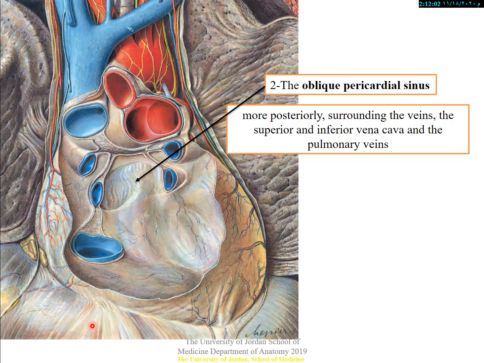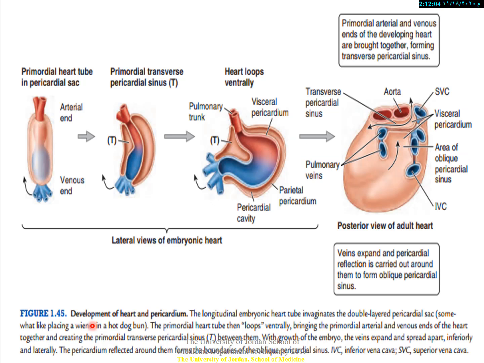Now I will also mention the oblique pericardial sinus, and I will jump into their explanation, how they unfold themselves. As you can see, the heart in embryogenesis wouldn't be the pyramid shape that you are familiar with.